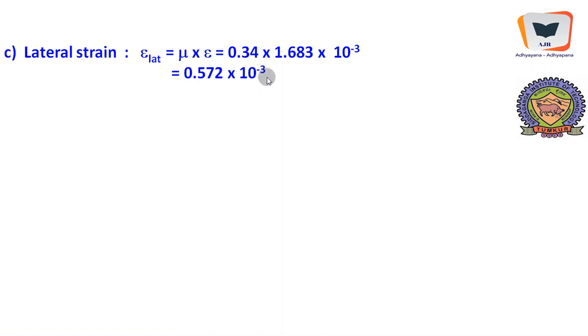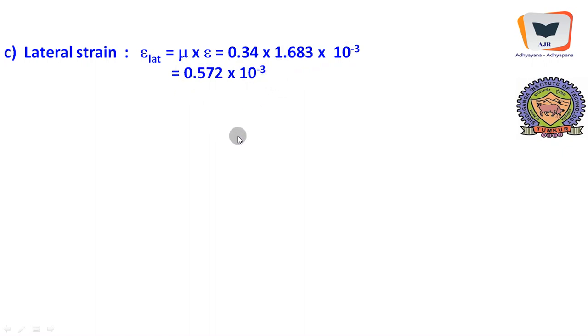This problem is also a pointer to understand that lateral strain is too small a quantity compared with the longitudinal strain. Strain is already a small quantity, but the lateral strain becomes much meeker. So 0.34, this Poisson's ratio, into this longitudinal strain will get us the lateral strain.